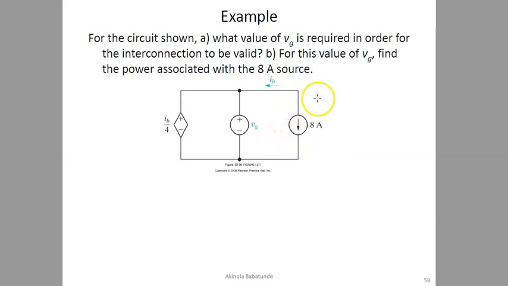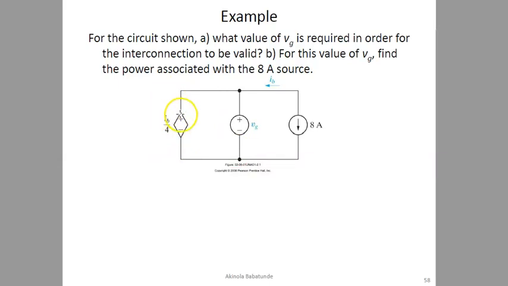So IB will be -8 amps. If IB is -8 amps, it simply means if you put -8 amps here, because there is IB here, that would be -8 over 4. So you would have -2 volts on this dependent source. That means this voltage here is -2 volts.